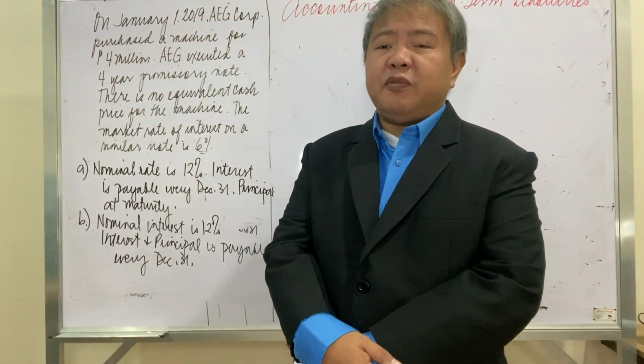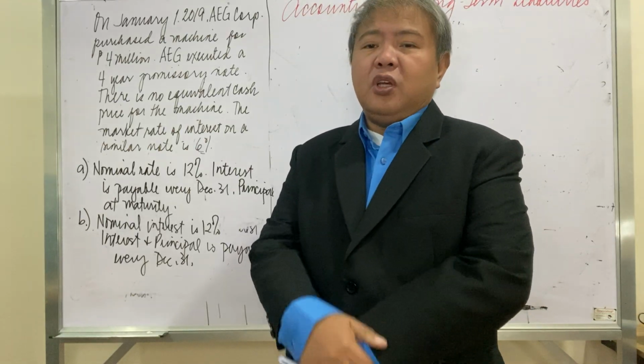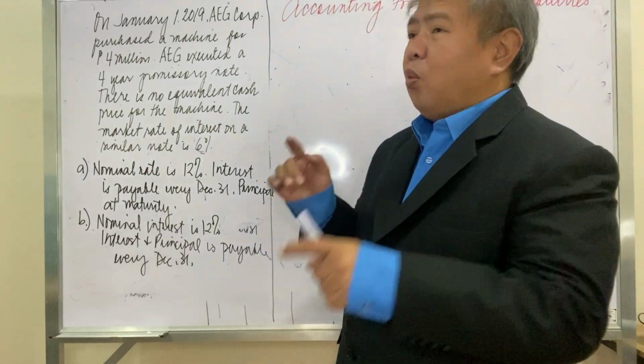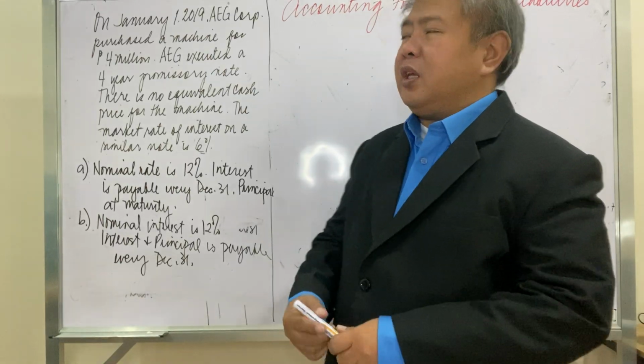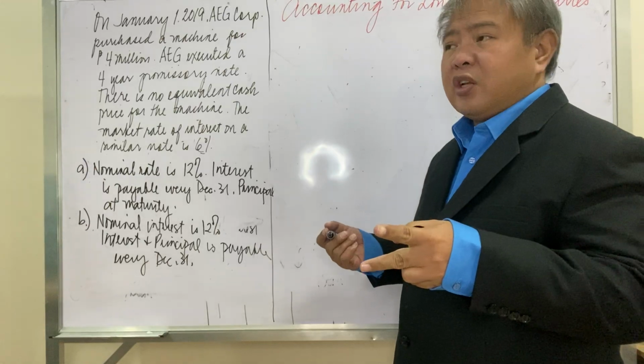So earlier in the previous video, you've learned how to account for a non-interest-bearing long-term note. Now, what if the note is long-term and it's interest-bearing? As I said earlier, two situations can occur.